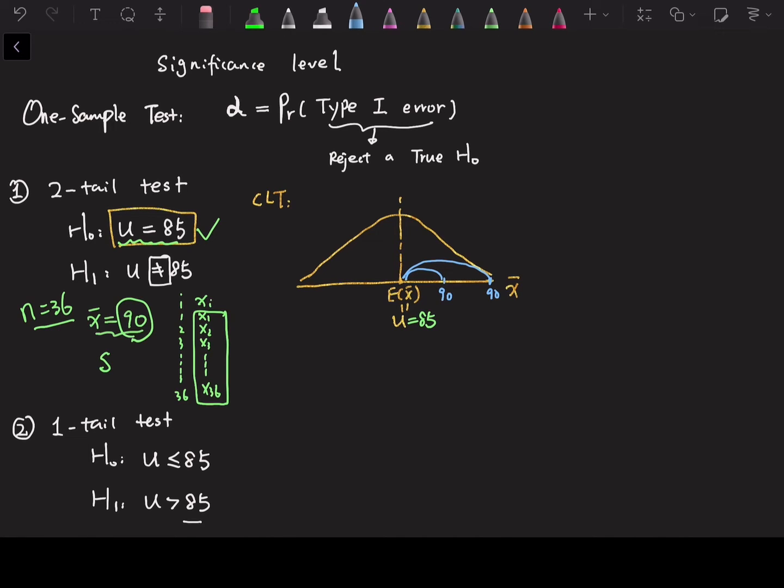I want to know, how likely is unlikely, or under what condition can we say the difference between the sample mean 90 and hypothesized population mean 85 is statistically significant?